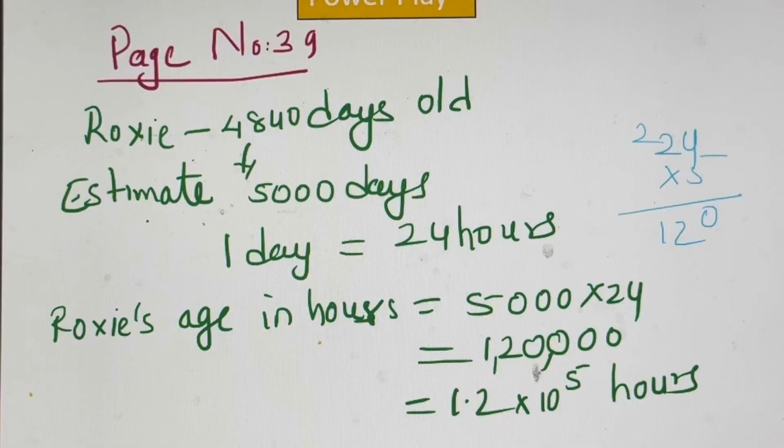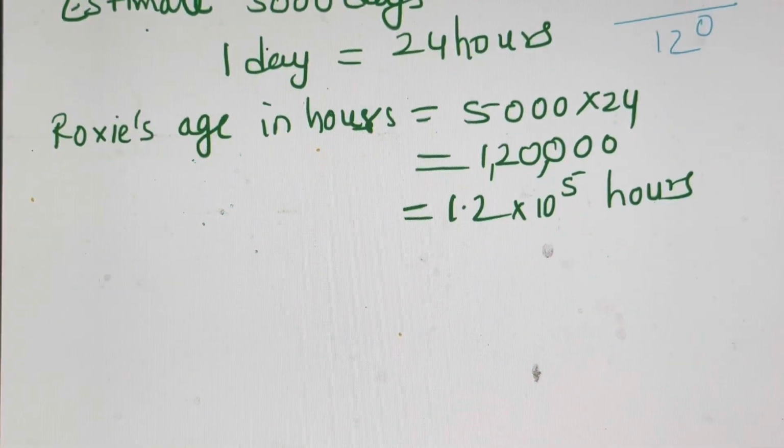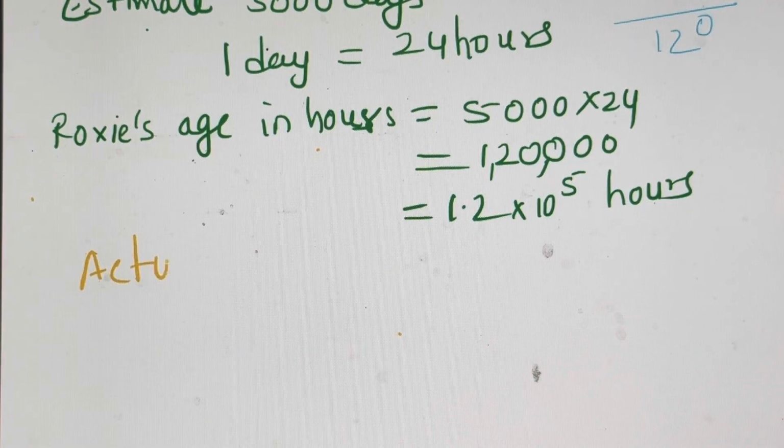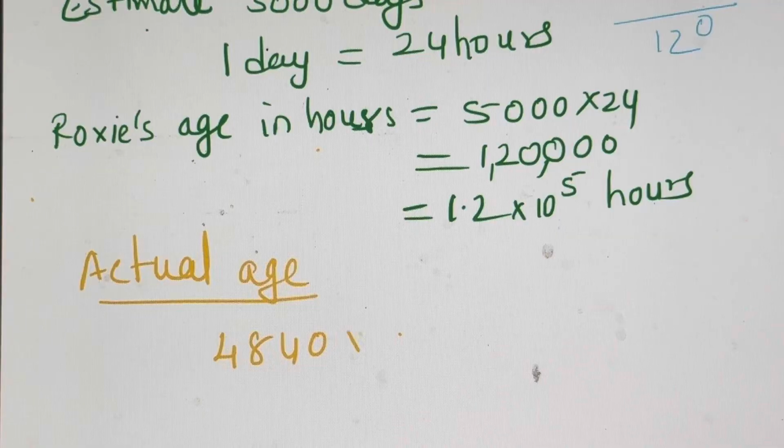Now we'll also find out the exact or actual age for 4840. So for the actual age, we multiply 4840 by 24.